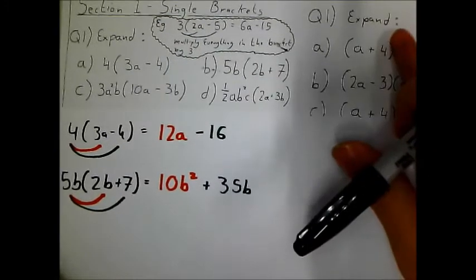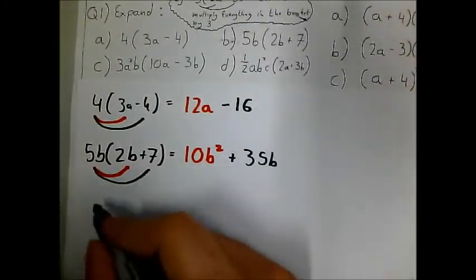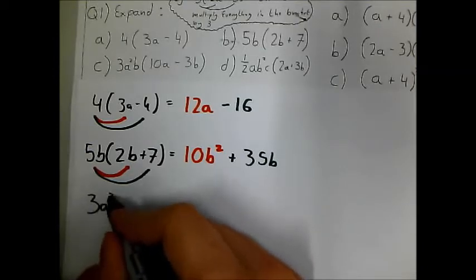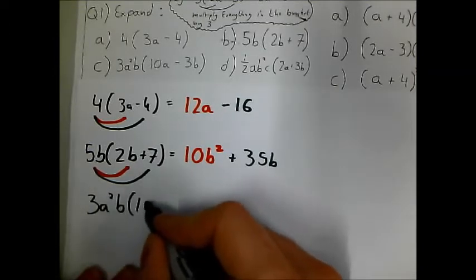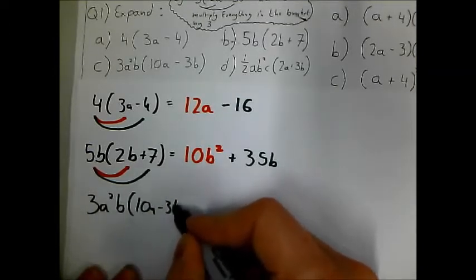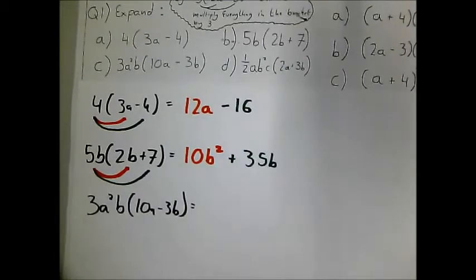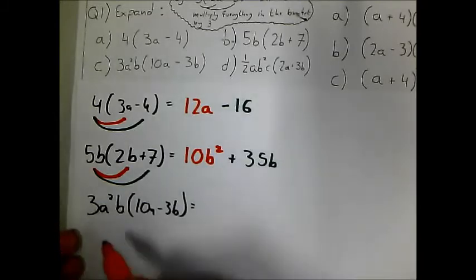Okay, next question. We have 3a squared b, lots of 10a minus 3b. Okay, this is where it starts to get a little bit more complicated. I'm going to go through this one a little bit slower.